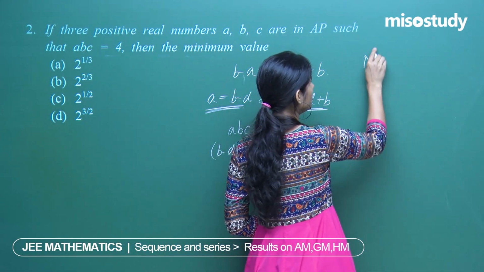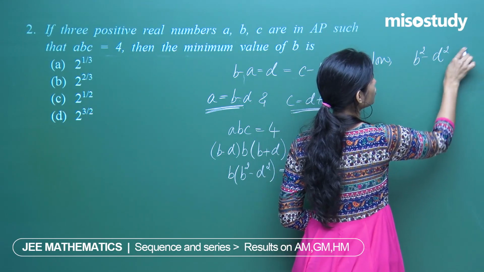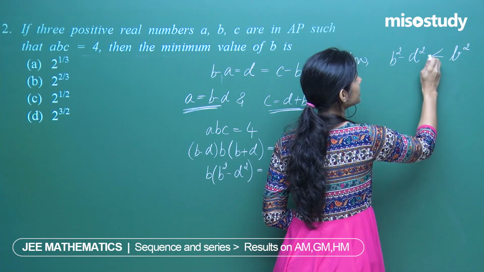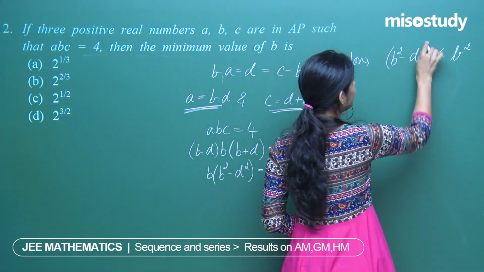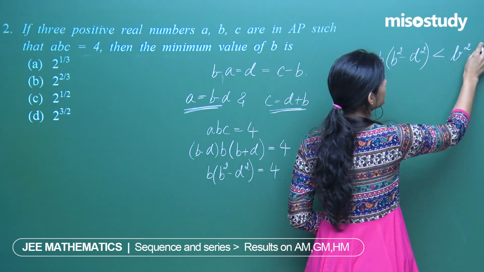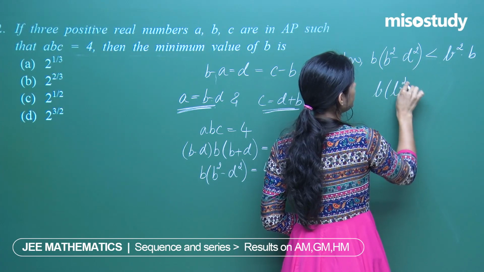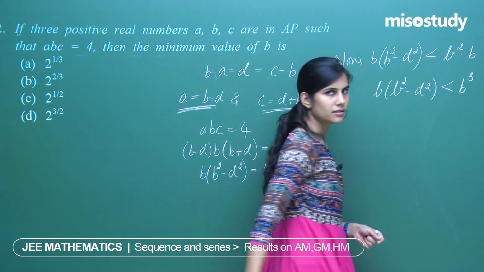Now, you know that B square minus D square is obviously less than B square. You can take it strictly less as well. Fine. So B into this is less than B into this. So you get B into B square minus D square is less than B cube.